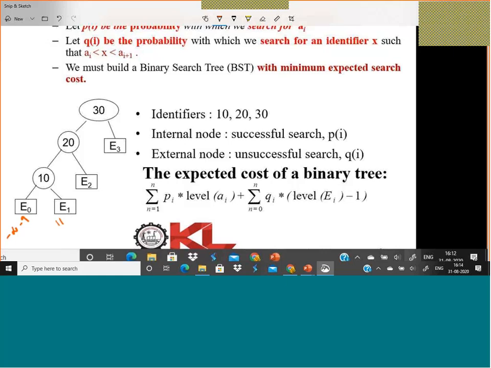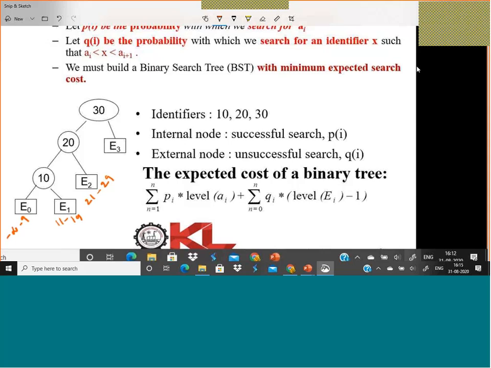Any element between 11 to 19 will terminate at E1. Any element from 21 to 29 will be terminated at E2. If you want, you can check it by taking one example. For example, I want to search for a 25.